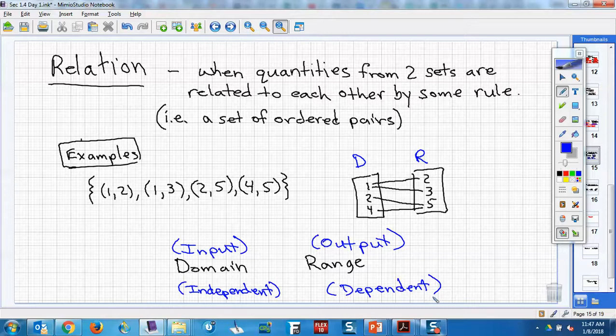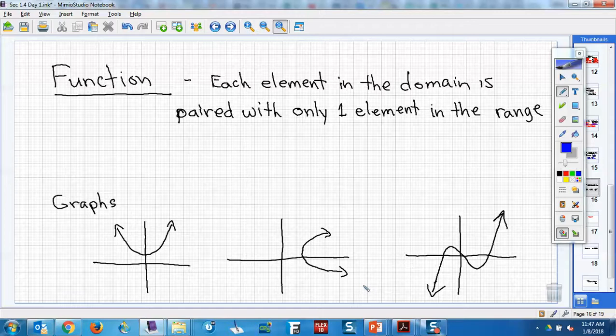As long as that's all 1 matched with, and that's all that 2 matched with, right? So any one input can only have one output is what makes it a function. So our second definition, function: each element in the domain is paired with only one element in the range.